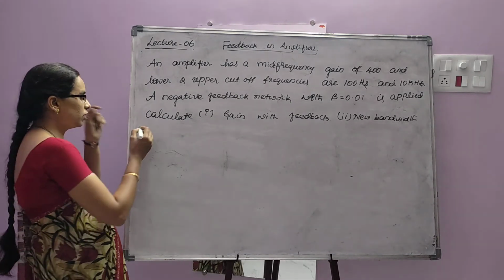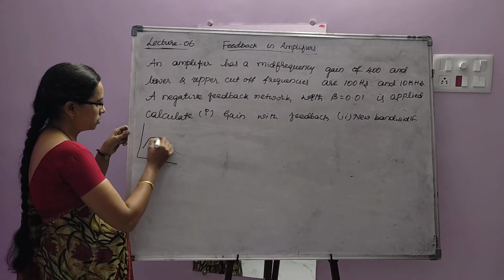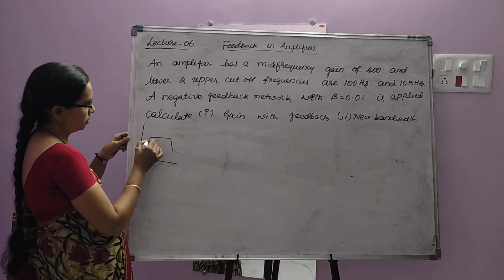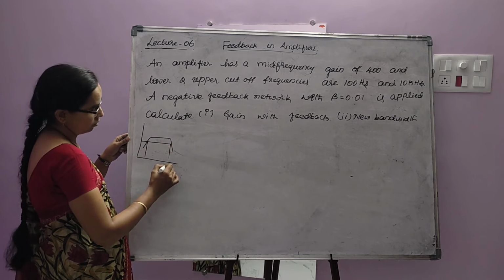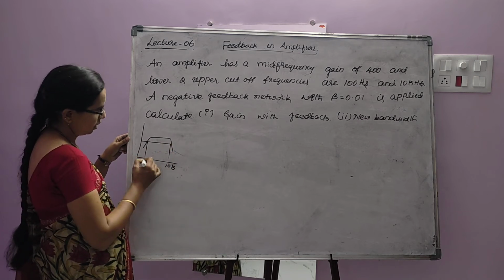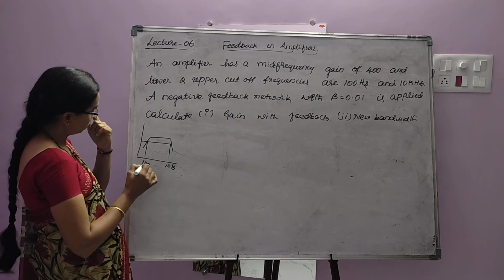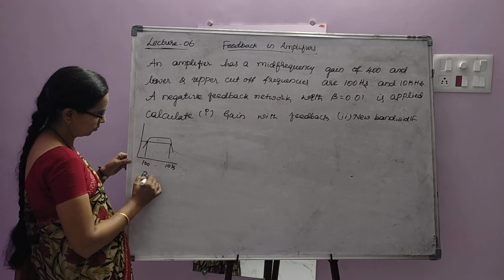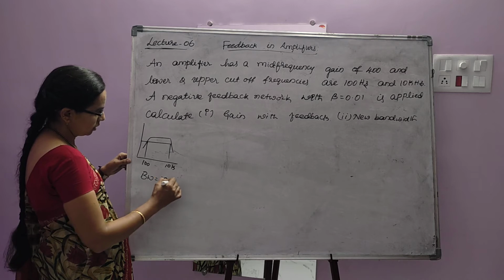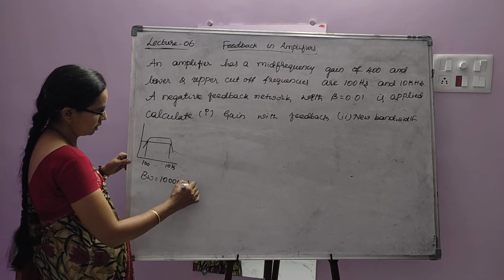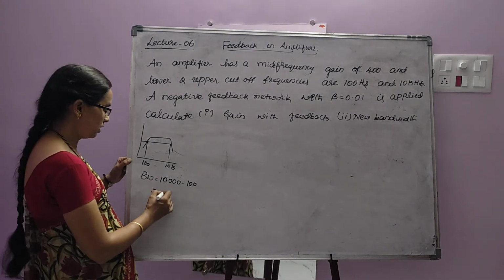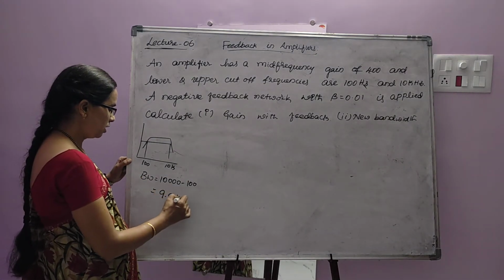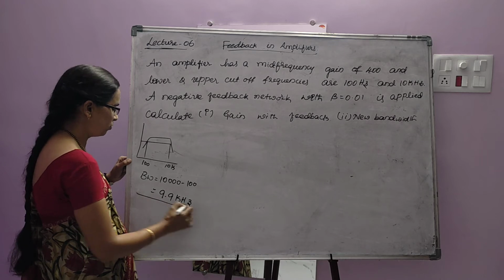So what they have given, if this is the frequency response curve, lower and upper cutoff frequencies 100 and 10 kilo. So what will be the bandwidth? 10 kilo minus 100, 10,000 minus 100, it will be 9,900. 9.9 kilohertz is the bandwidth without feedback.